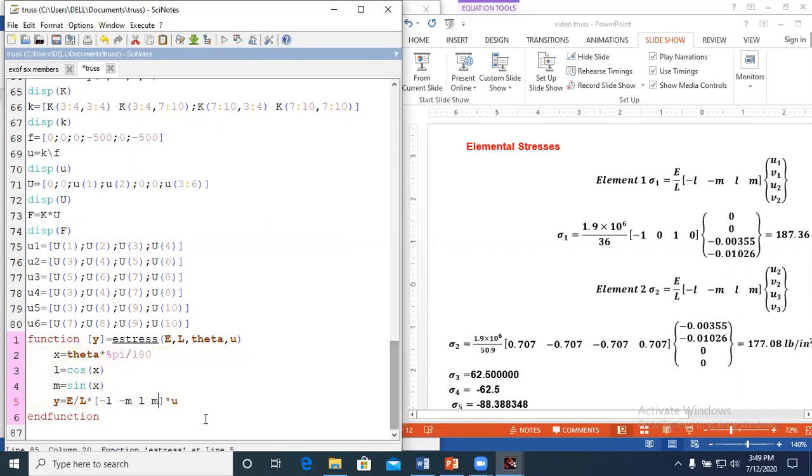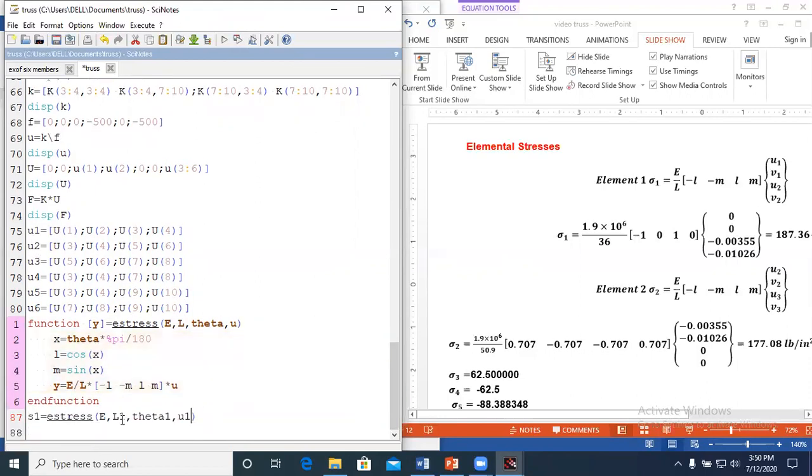Now for the stress of the first element, suppose S1 is equal to EStress with arguments E, comma L1, comma theta1, comma U1, which is the displacement of element number 1. Next, I will do the same process for all elements.